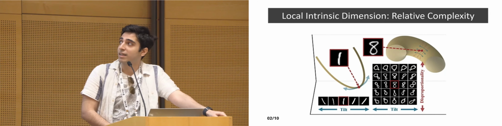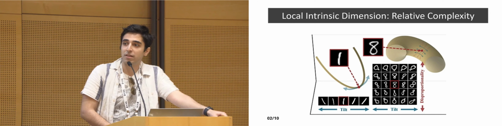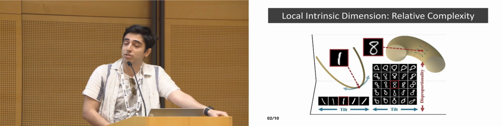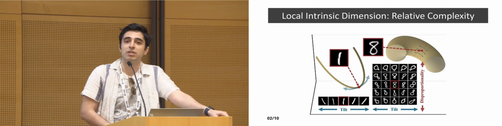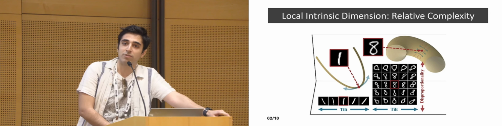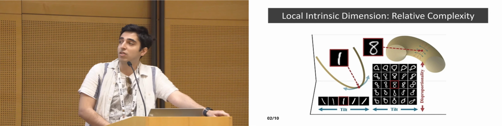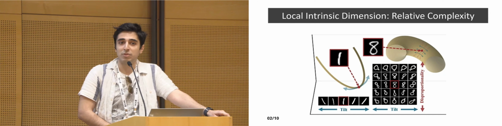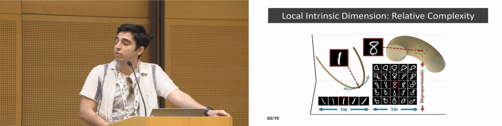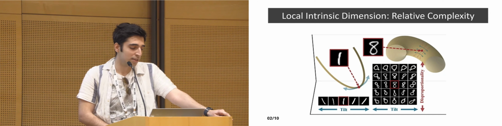Here we have a cartoon illustration that shows both the manifold hypothesis and forms an intuition of LID, or local intrinsic dimension. These are MNIST digits, and we are depicting two submanifolds, the submanifold of digits 1 and the digits 8.